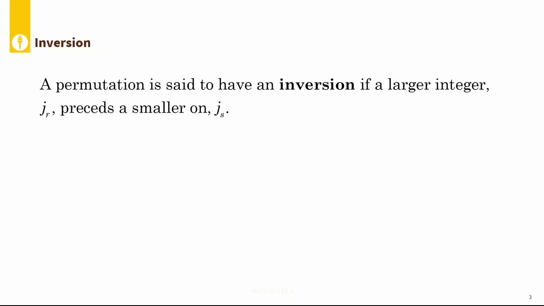We say a permutation has an inversion if a larger integer precedes a smaller one.